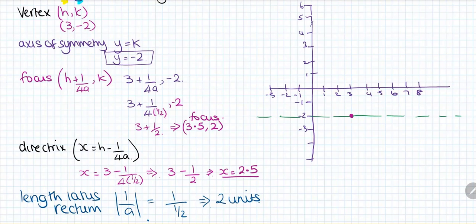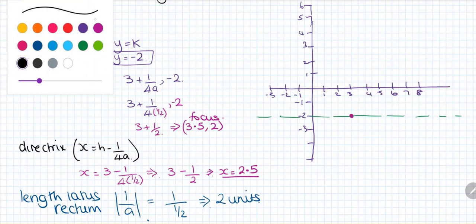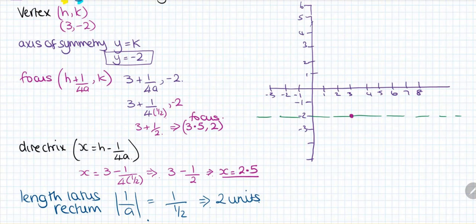And then we have the focus. These are our coordinates for the focus, at 3.5, minus 3.5. Actually, that's minus 2. So 3.5, minus 2.